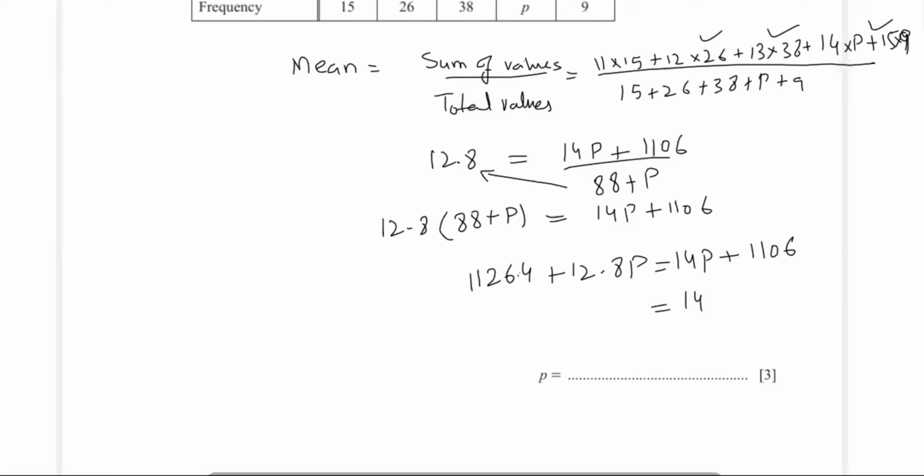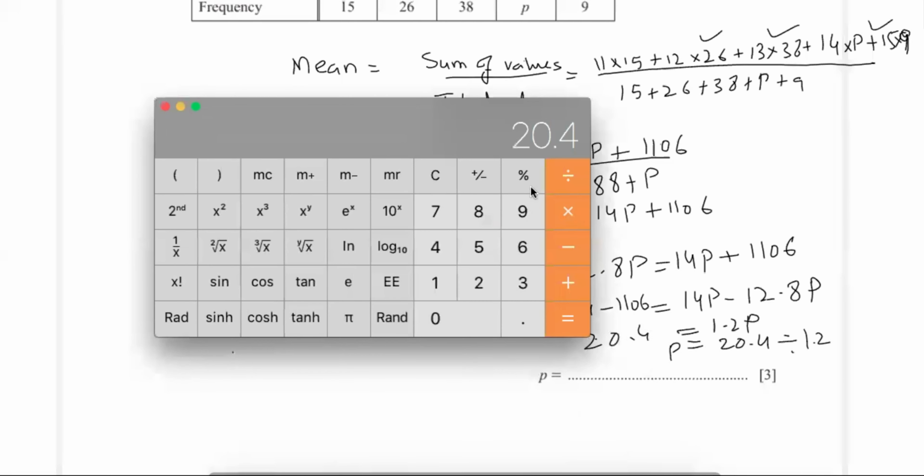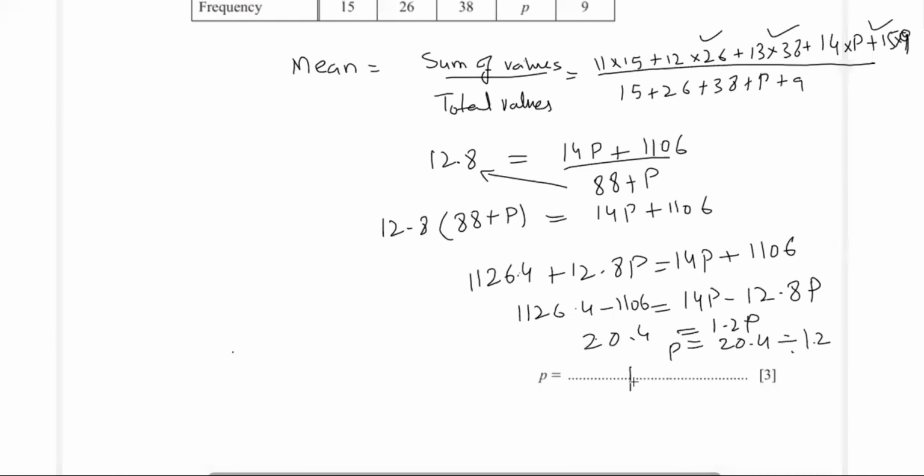Now we write 14P minus 12.8P, that will be equal to 1.2P, and 1126.4 minus 1106 will be equal to 20.4. Then P will be equal to 20.4 divided by 1.2, and this will be equal to 17. P is 17 is the answer.